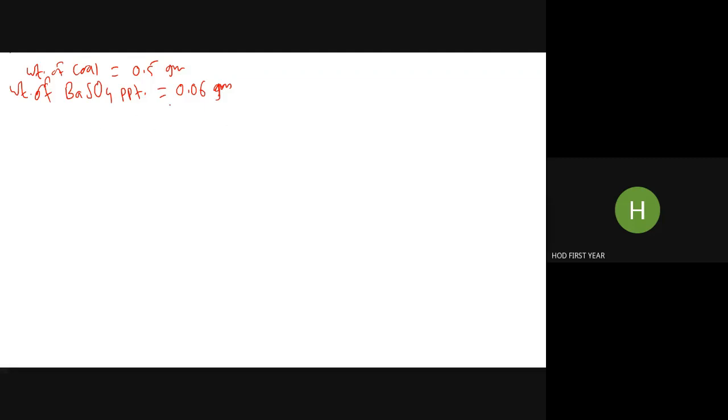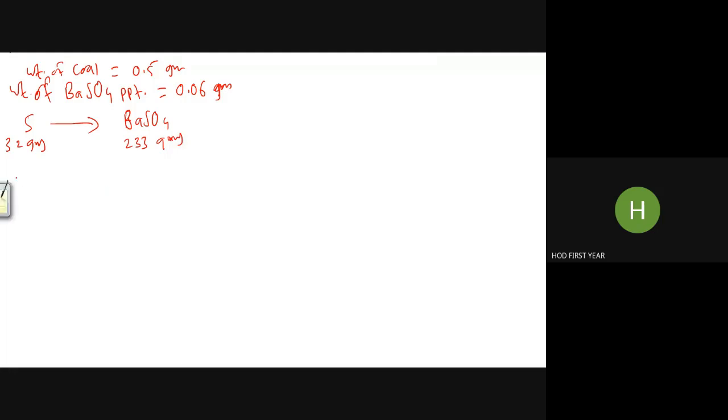If you know these two quantities, you can determine the percentage of sulfur. We know that one sulfur atom is converted to one molecule of BaSO4. You don't have to mug up the formula; you should know this conversion. One atom of sulfur is 32 grams and one molecule of BaSO4 is 233 grams.